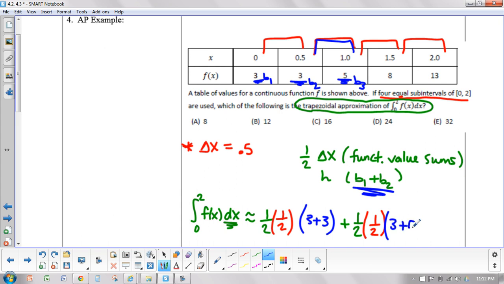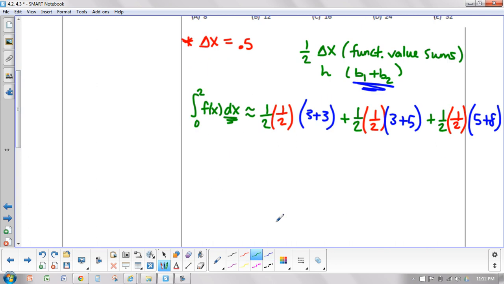So 3 plus 5. And then plus a half, because it's a trapezoidal rule, times a half, because delta x, they're half apart, times function values. And so from here to here, I would use base 3 and base 4. So I would add up 5 and 8.